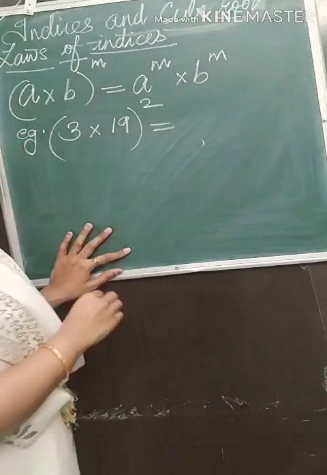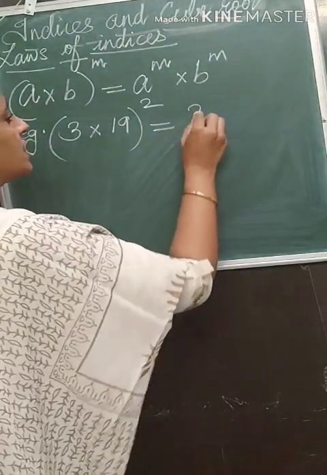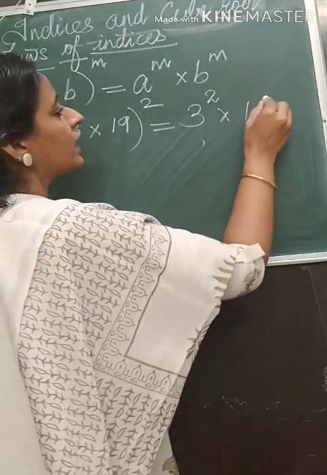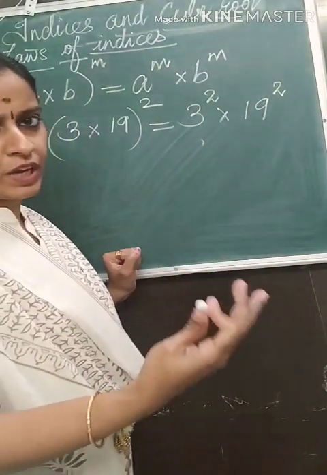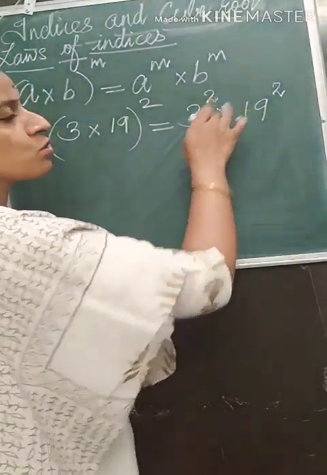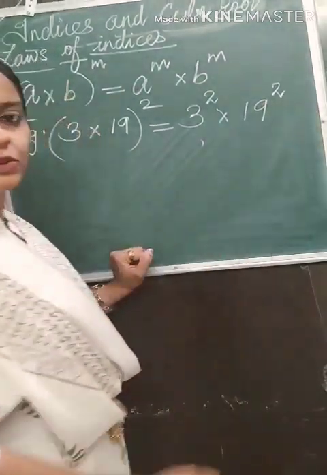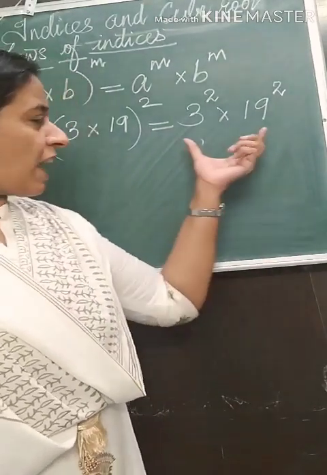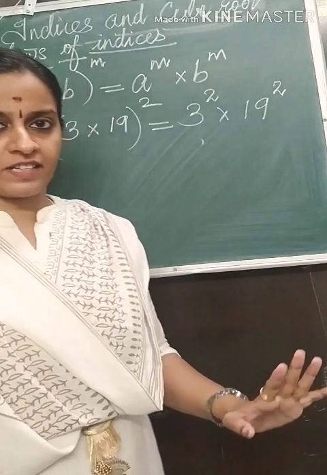This means, if you apply the laws of indices here, you will get the answer as 3 raised to 2 into 19 raised to 2. Then if you want to find the value, you can get the value. 3 raised to 2 means 3 threes are 9, into 19 into 2 is equal to 38. But that value is not asked, we are just learning the laws of indices.